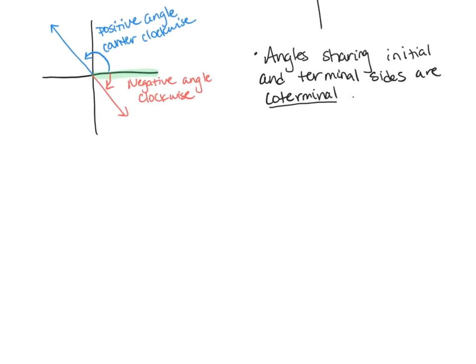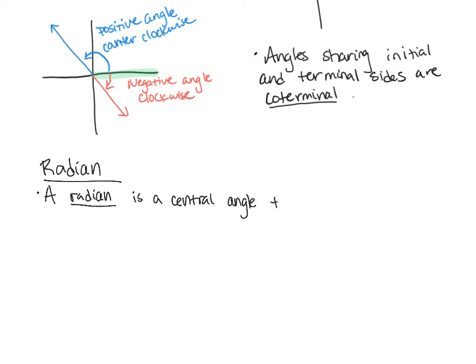So a radian, we can define that as a central angle that intercepts an arc equal to the radius.